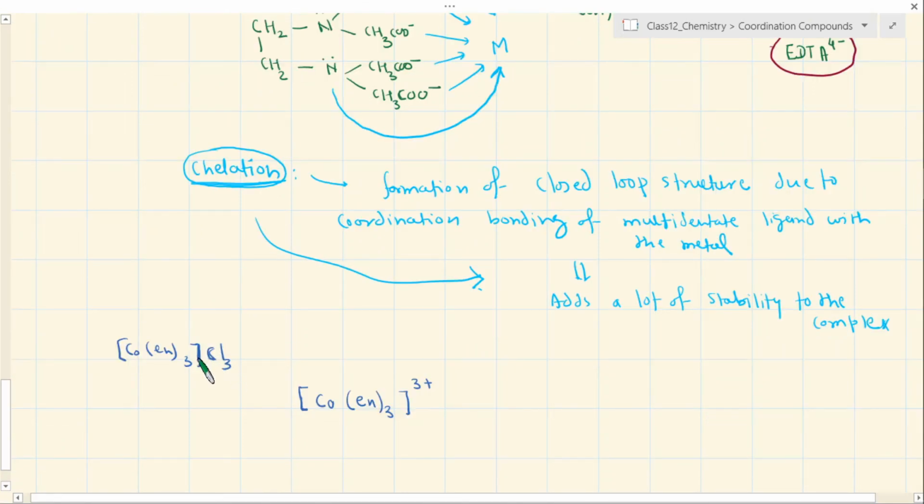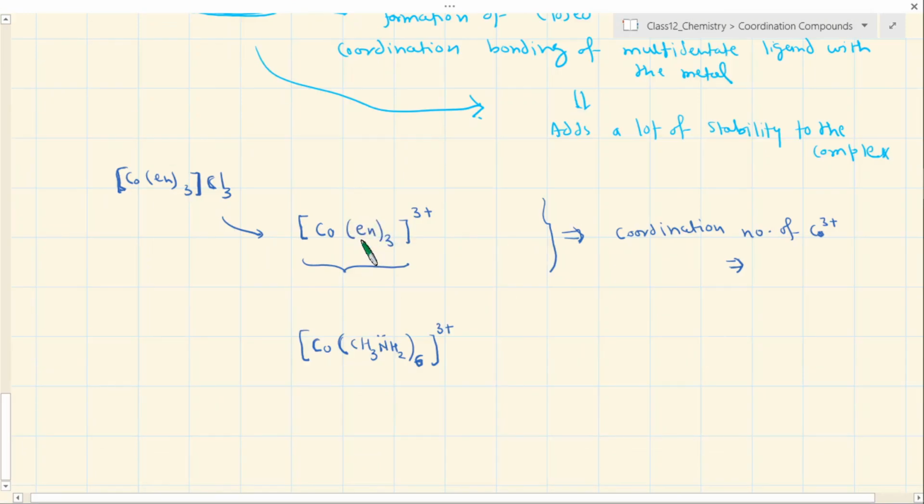Okay, if you put this in water, in aqueous solvent, this is dissociated. So this is the complex positive ion that is derived. Wherever we say stability of a complex, it is always about the coordination entity. Here the 6 bonds are formed by 3 en molecules. So the coordination number here is twice the number of didentate ligands.